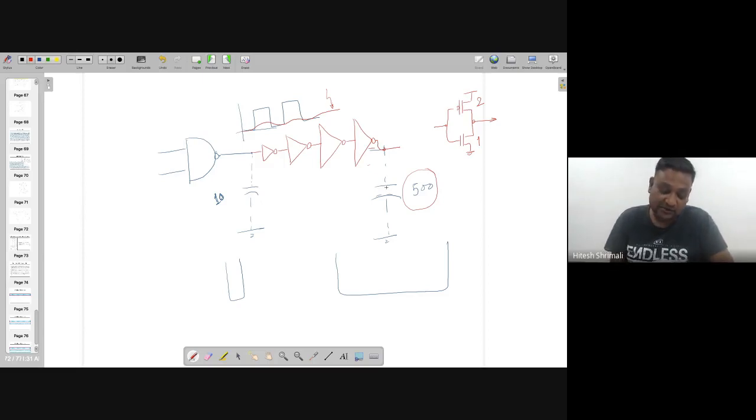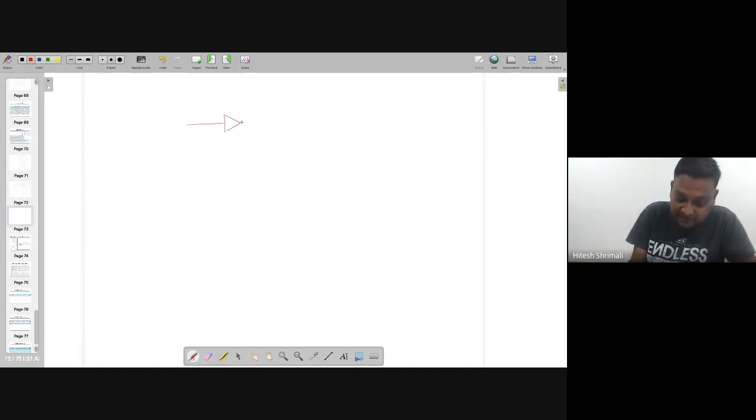But all these things have to be progressive, because if you are keeping a bigger inverter over here, it cannot be driven by the load of 10. You could have done it directly, but this is not possible. So you have to go progressively incremental. So in that case, I know that all of them are going to be equal, and they are the inverters.